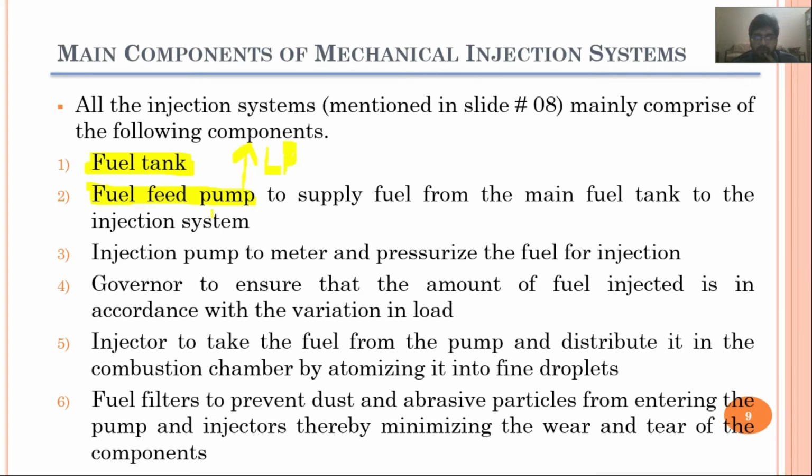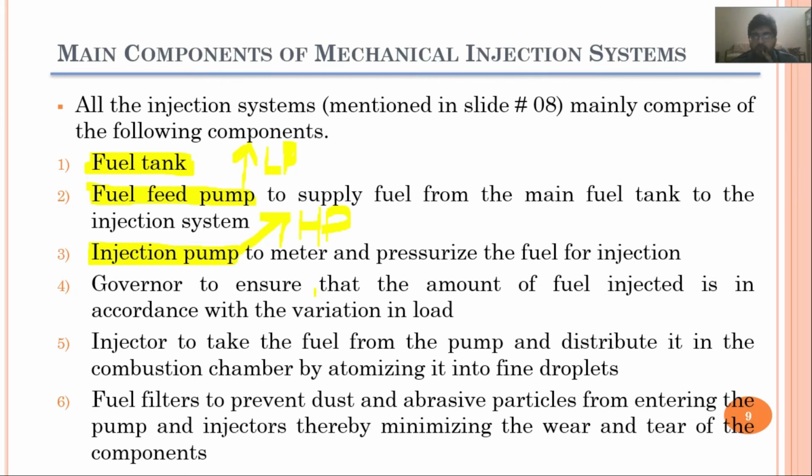And when the fuel from the fuel feed pump reaches the injection system, there we have another injection pump, which will increase the pressure as well, and these are high pressure pumps.